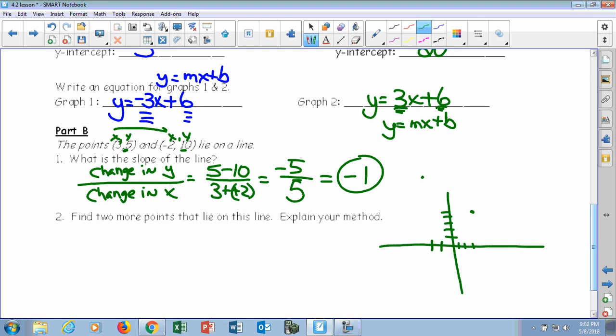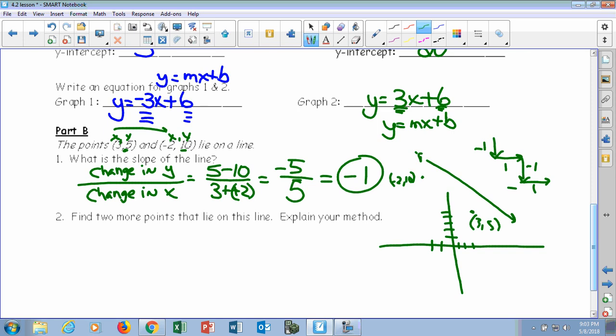So my line's kind of going this direction, right? So if I'm at negative 2, 10, and this is 3, 5, think about it. When I say my slope is negative 1, which means my rise over run, I can go down negative 1 and then over 1, right? Down negative 1, over 1, and so on and so forth.